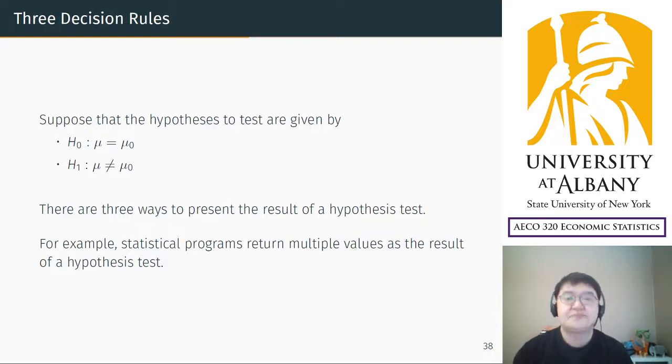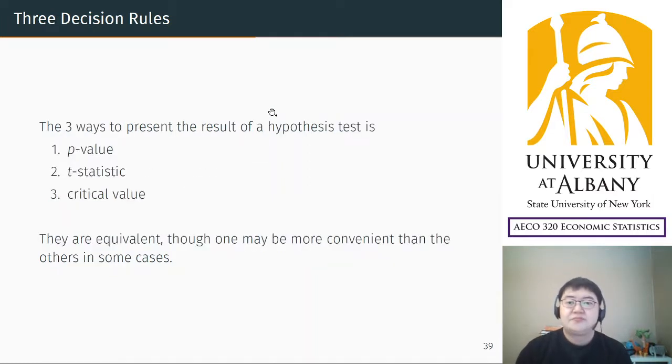So let me describe three different ways to present the data, or the three different forms you may see in practice. The three methods are based on different numbers. First, p-value.